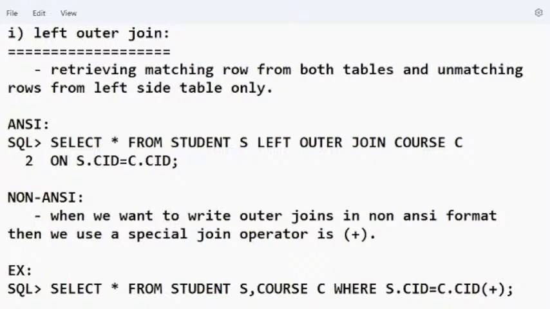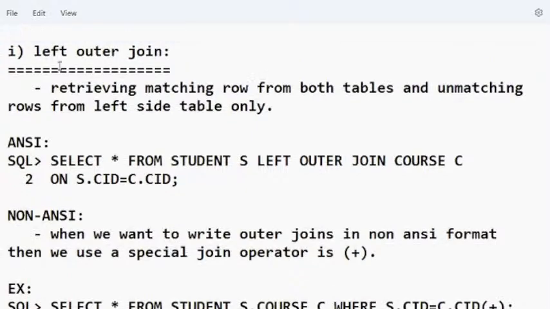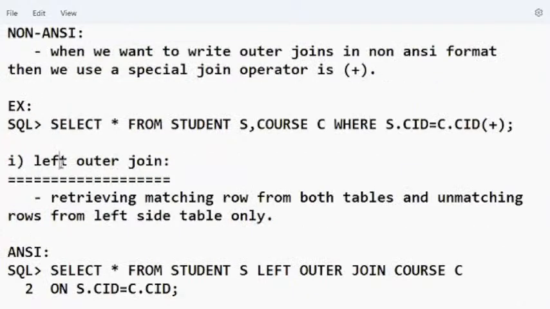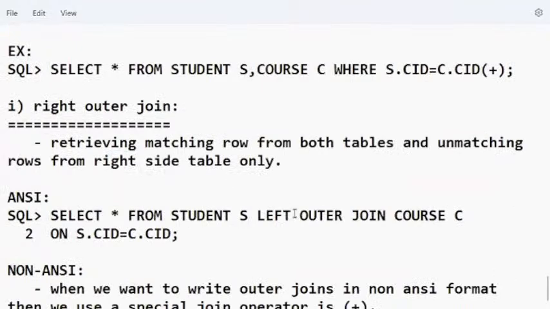Same as the second definition, now I have to go for right outer join. Right outer retrieves matching rows from both tables, but unmatching rows from the right side table only. And here I want to use my right keyword.